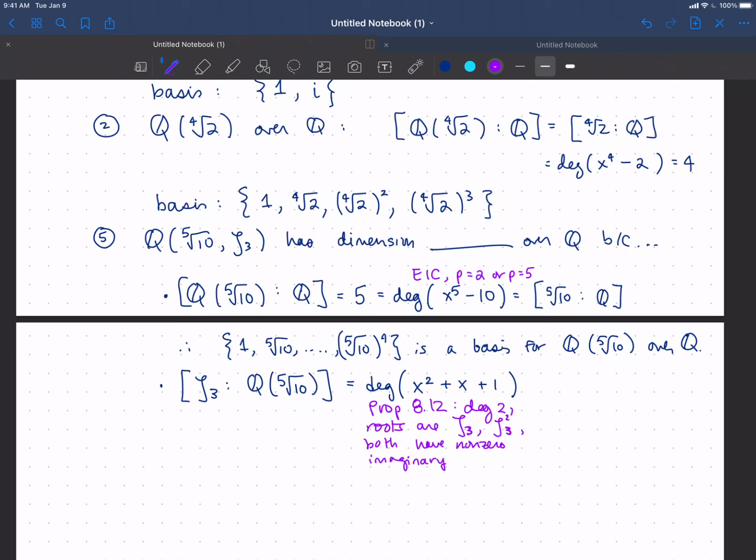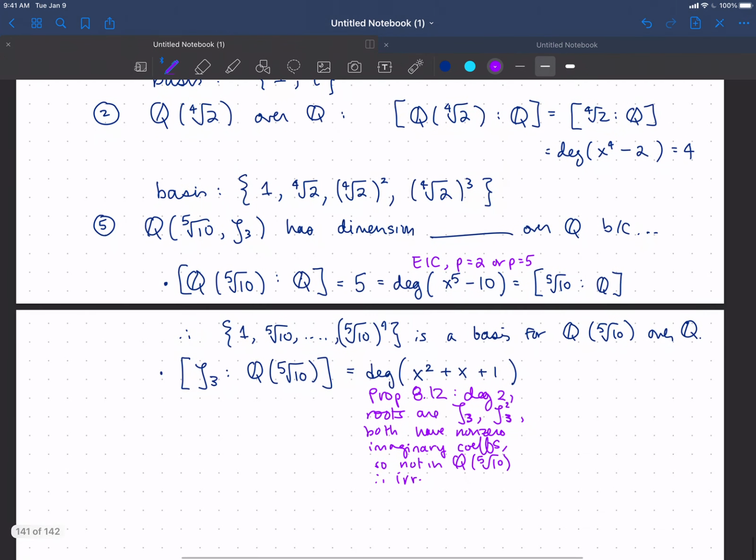You can check that using the definition of zeta 3. The imaginary component is going to be sine of 2 pi over 3 times i. 2 pi over 3 is happily not an integer multiple of pi, where sine is 0. Non-zero imaginary coefficients, so they're not in Q adjoin the 5th root of 10, and therefore it's irreducible.